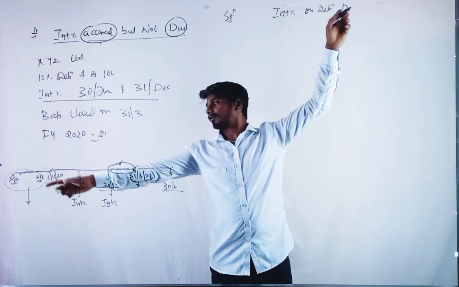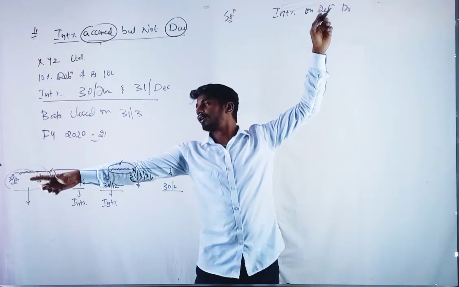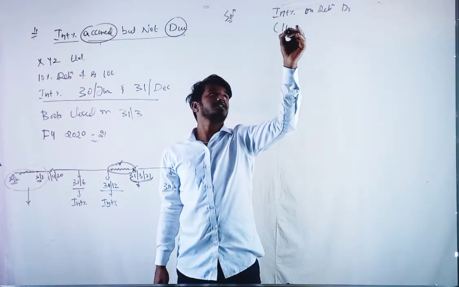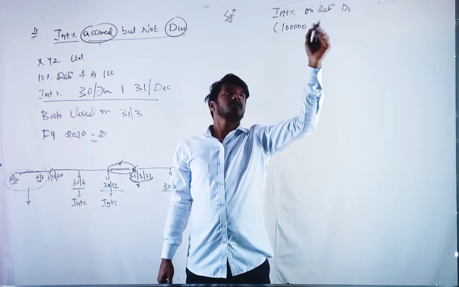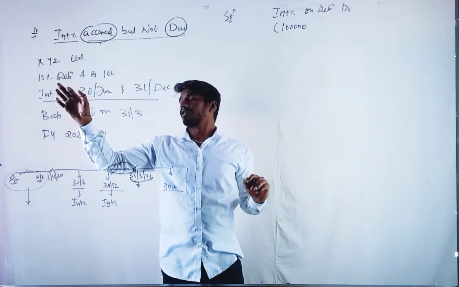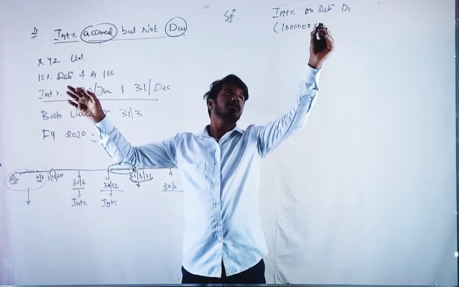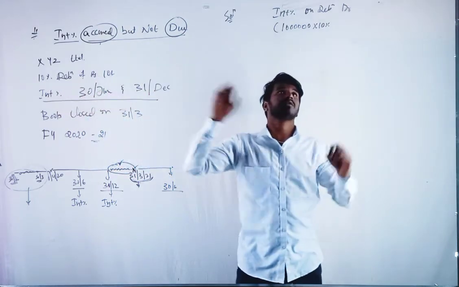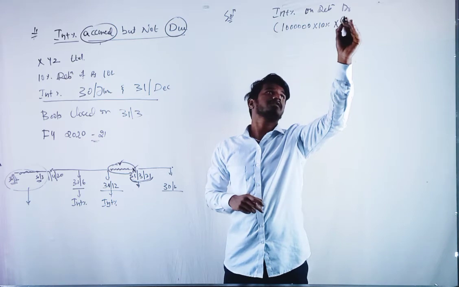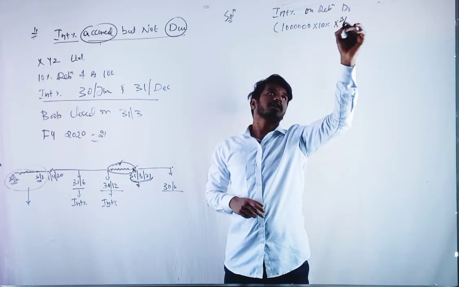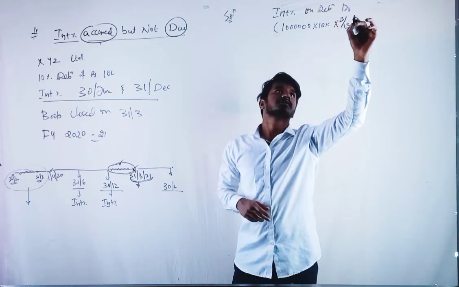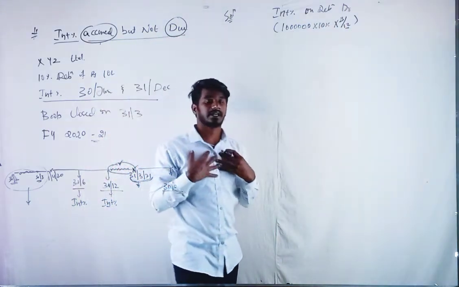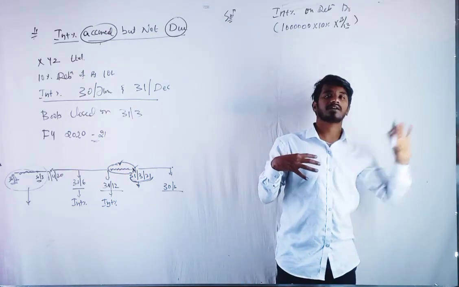Out of that, we have made an entry for these 3 months. Let us write the calculation. 10 lakh into 10%, it will be 1 lakh. Out of that 1 lakh, we should record it for 3 months, because it is accrued but not due.